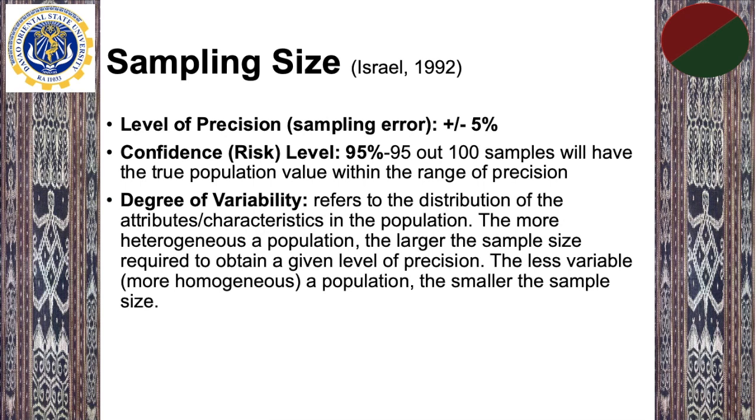Let's say we are going to study the registered nurses all over the Philippines. We could say that these registered nurses have varied characteristics or attributes. The other catch here is that the less variable, the more homogeneous a population, the smaller the sample size that will be needed in the study.